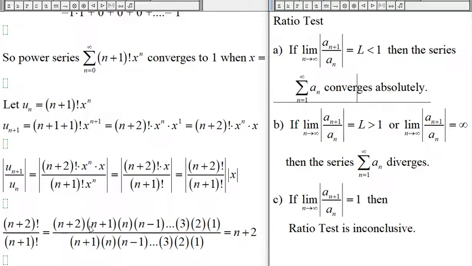And (n plus 1) factorial is n plus 1 times n times n minus 1, all the way down to 3, 2, 1. This part cancels out with this part, and what's left is just n plus 2. So (n plus 2) factorial divided by (n plus 1) factorial is n plus 2.